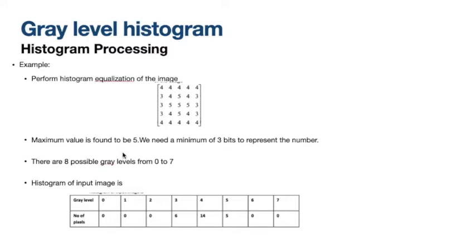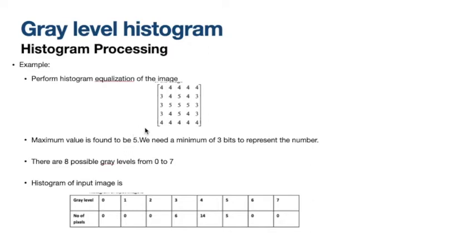The maximum gray level value found in this image is 5, so we need a minimum of 3 bits to represent this 5.